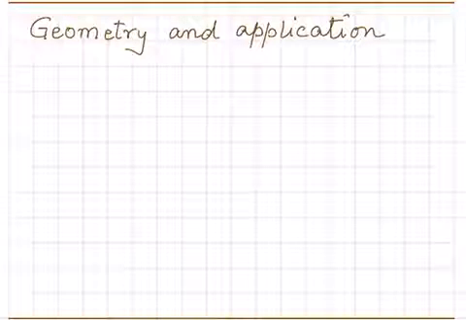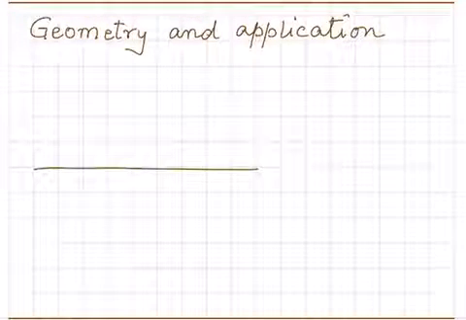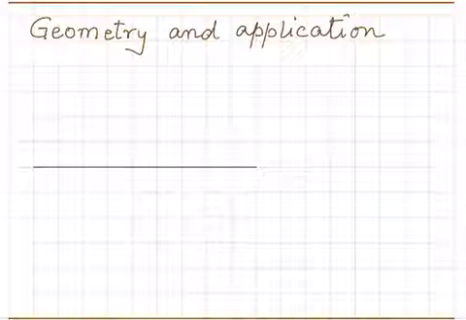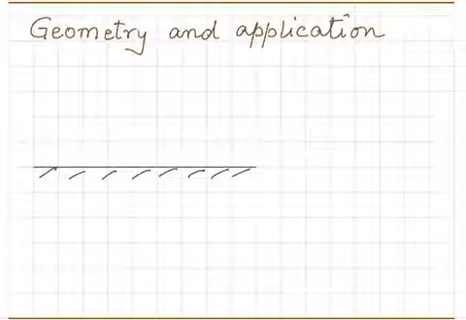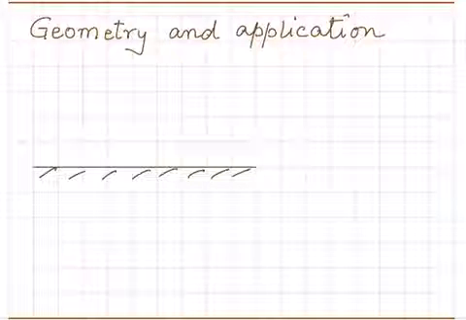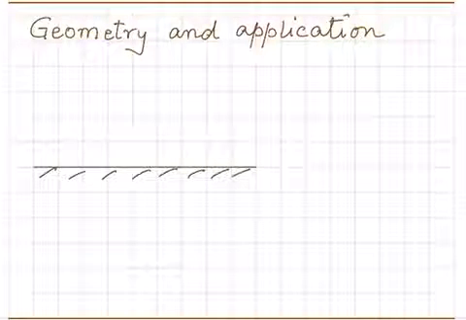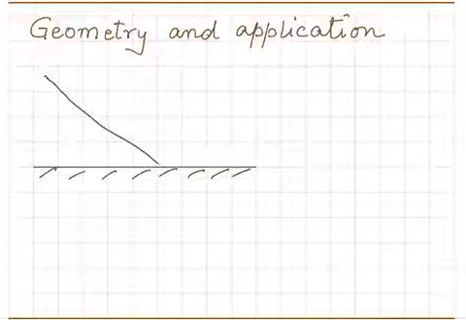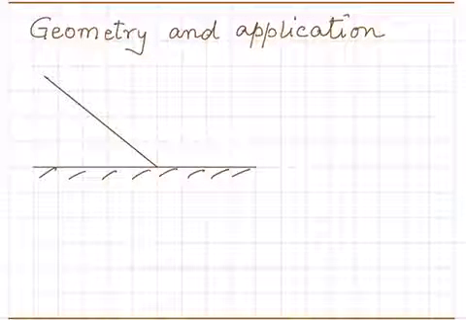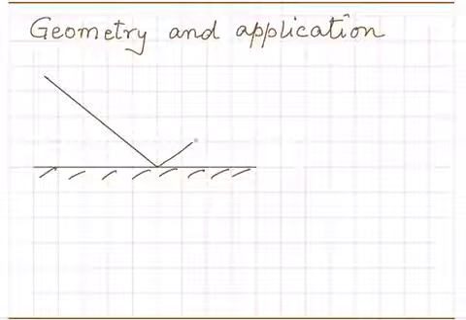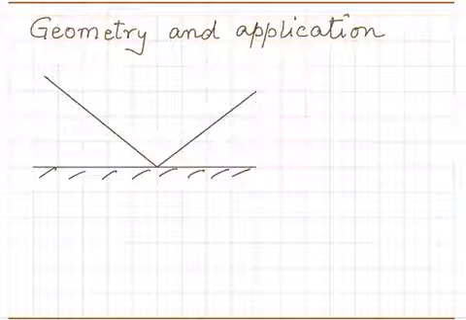If we have a plate of this kind and we have an oblique shock coming from outside, for example this, impinging on the flat plate, it will get reflected, something of this kind.